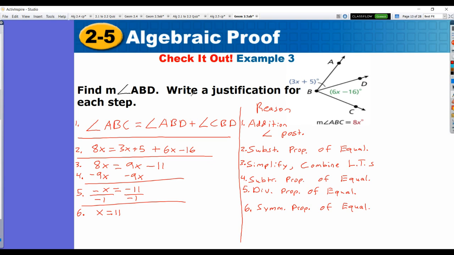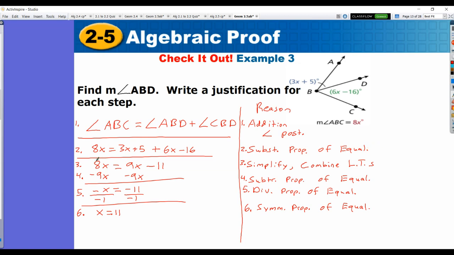Kind of similar to what we did on the last one then. Next step, we would substitute in everything that these angles equal based on what we're told. Since we're substituting, we're going to use the substitution property of equality. That's my second step.